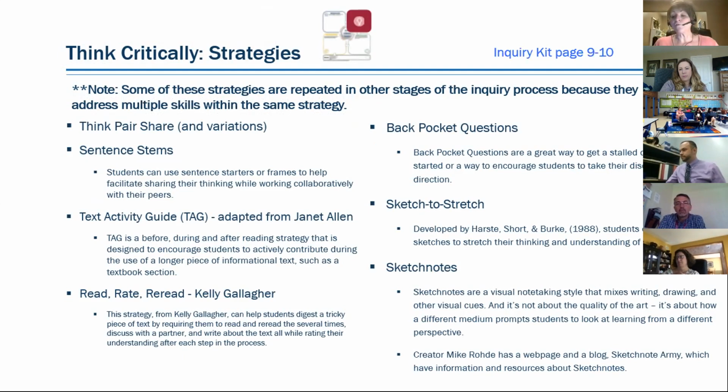We have all sorts of different sentence stems that might be helpful. Some teachers like to take the sentence stems they like the most, put them on a bookmark and give each kid one, or make a table tent in a small group in a classroom and have those sentence stems on it so they can just briefly look at them. And if they want to agree with what someone said, then they've got a way to phrase it.